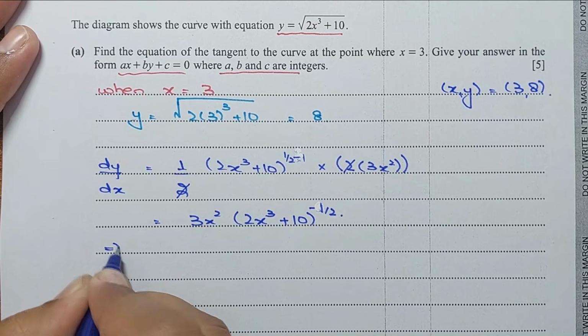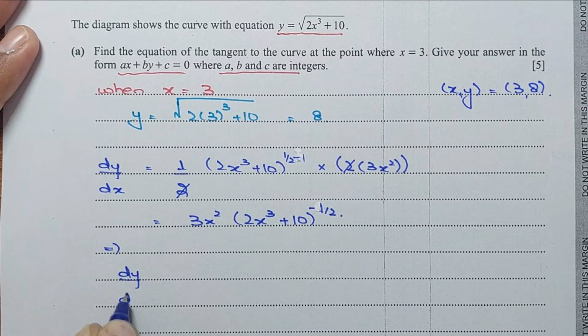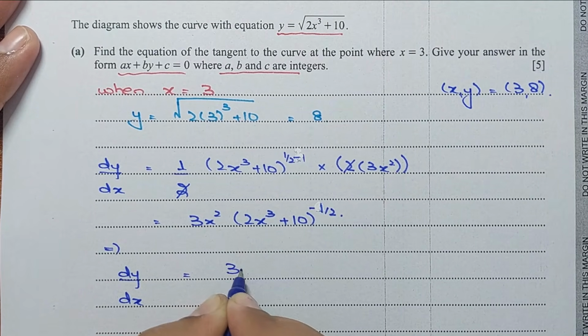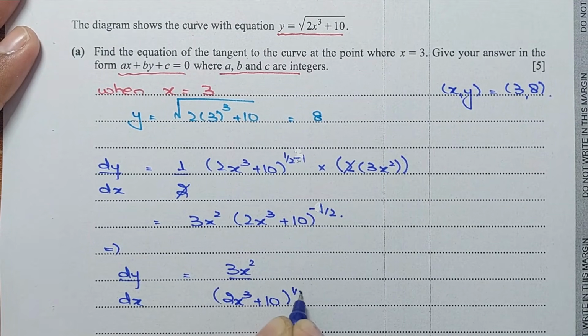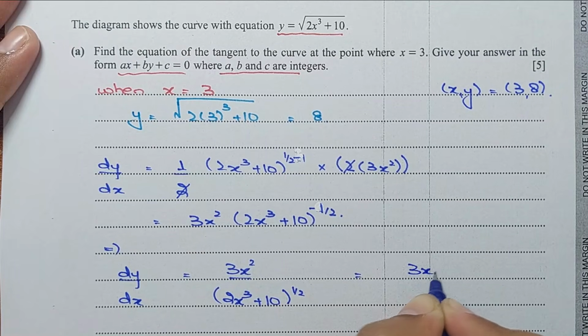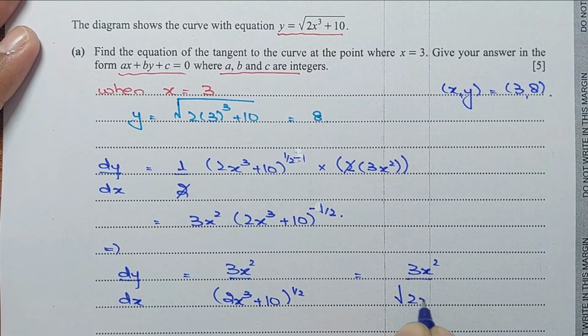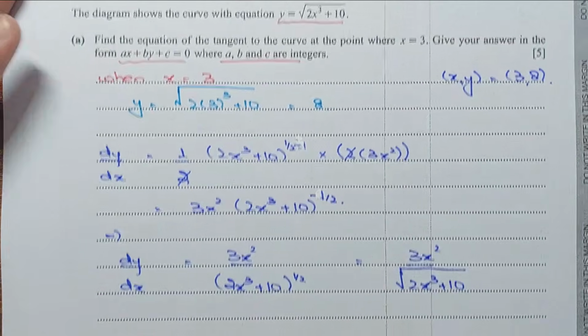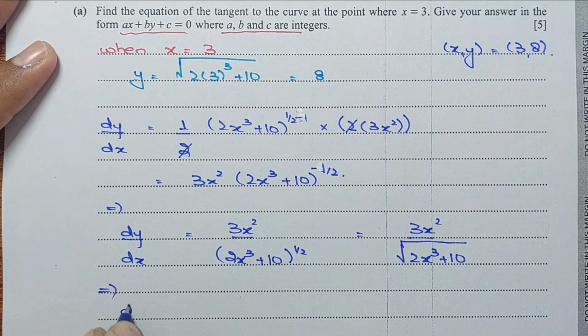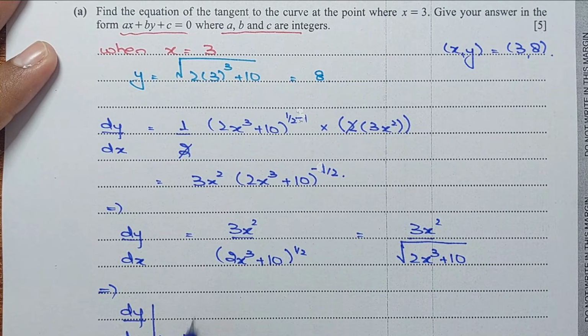Or we can further simplify this dy over dx. This becomes 3x squared over (2x cubed plus 10) to the power 1 by 2, which is 3x squared over the square root of 2x cubed plus 10. This is the derivative. Now we need to figure out the derivative dy over dx at x equals 3.